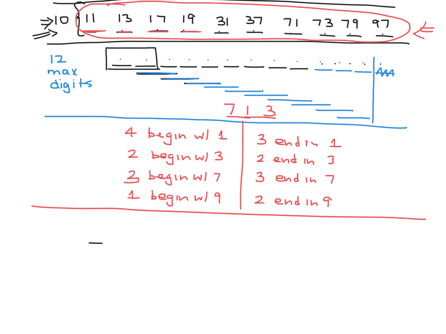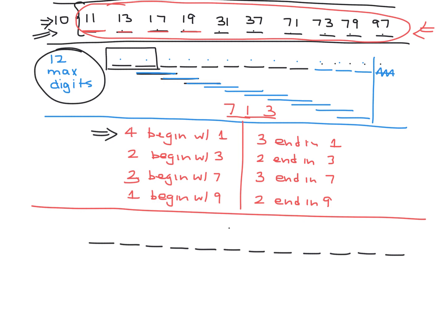I'm not sure. So I got 12. 1, 2, 3, 4, 5, 6, 7, 8, 9, 10, 11, 12, right? Because I'm trying to make the max. Okay, let's talk about the first one. 4 begin with 1 and 3 end in 1. So let's just say there was a 1 here, a 1 here, and 1 here.